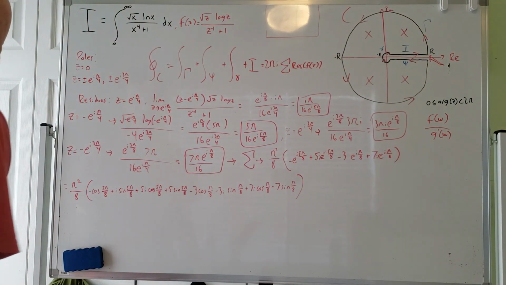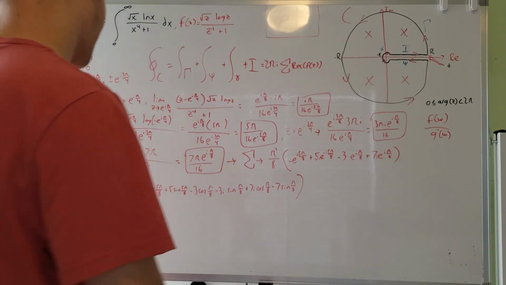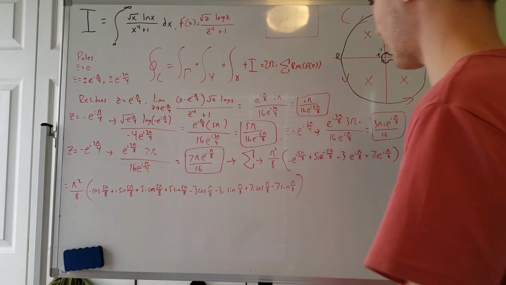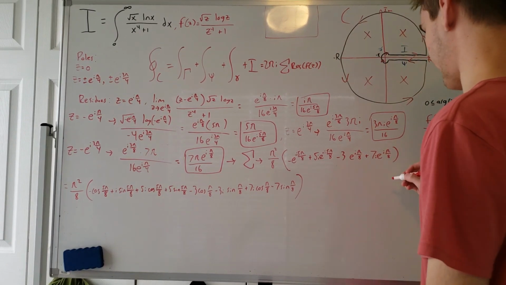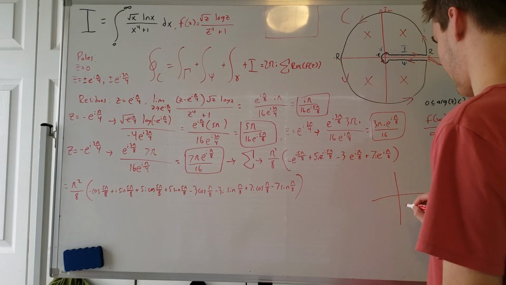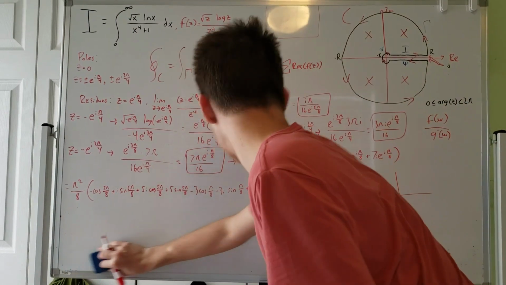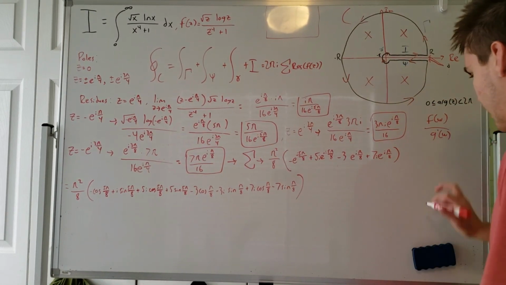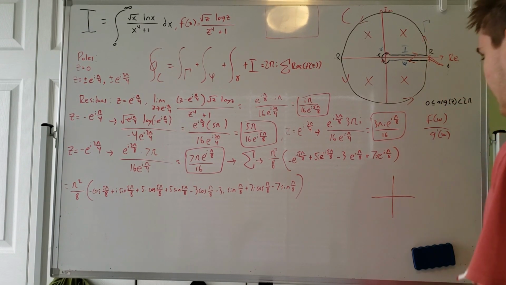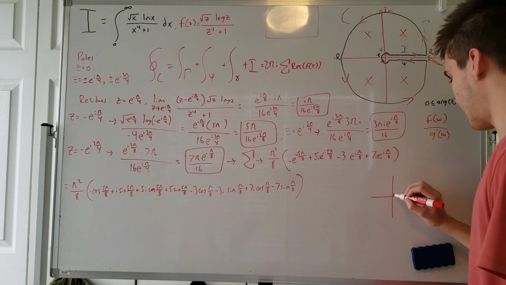Okay. Now, I want to do some trigonometry here. I want to get rid of the 5 pi by 8 things so that we can combine some like terms. So, let's just draw a quick graph. It's a bad graph. Straight lines, please. Better. Okay, so let's say we have this.